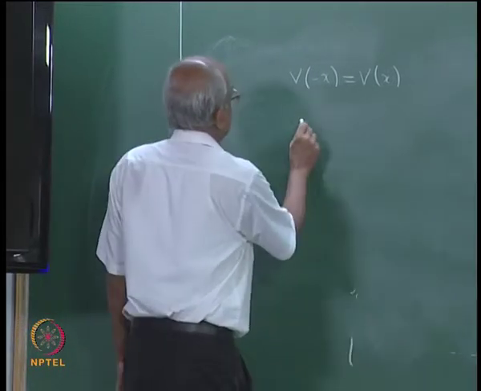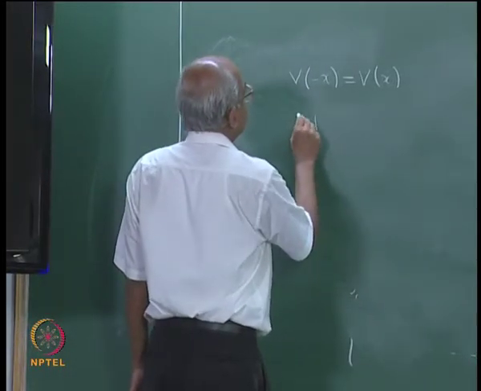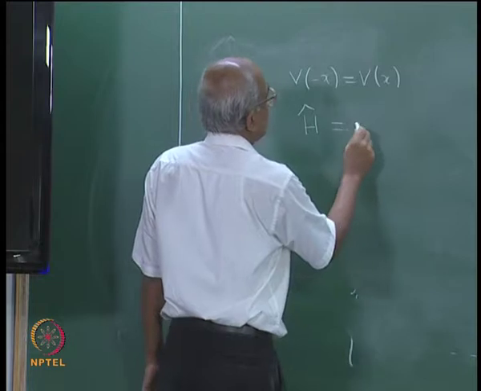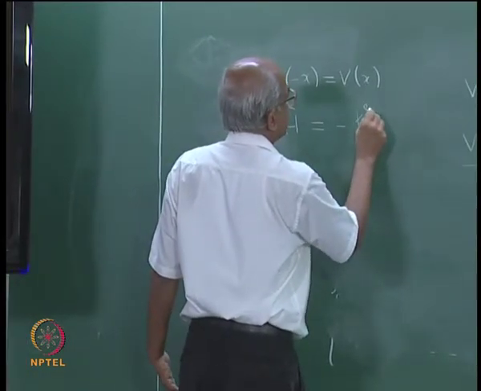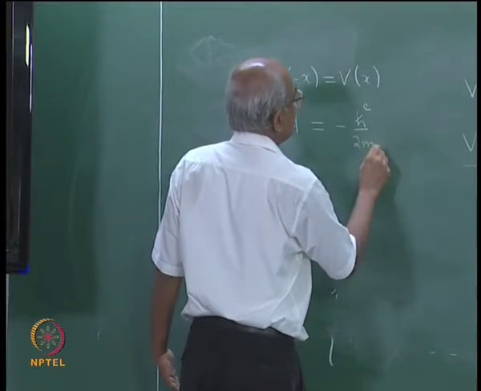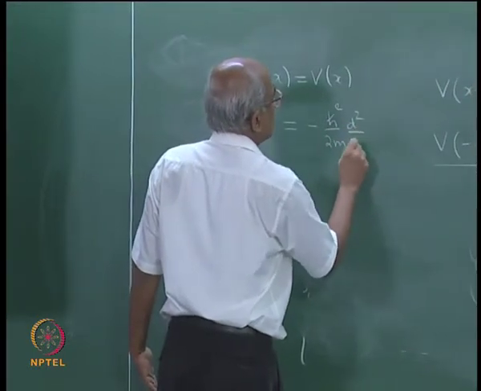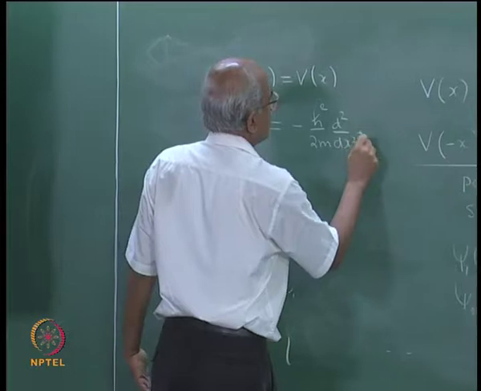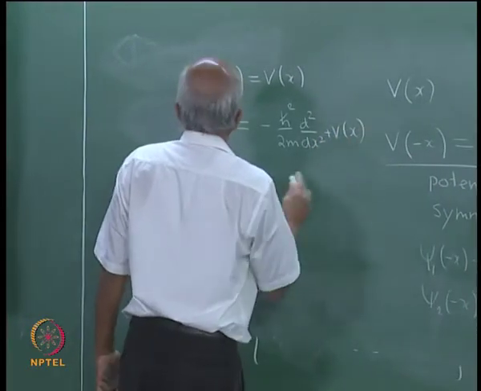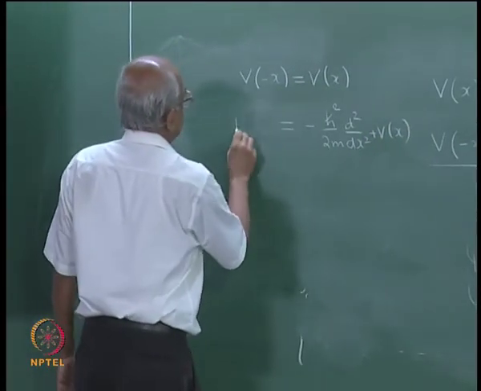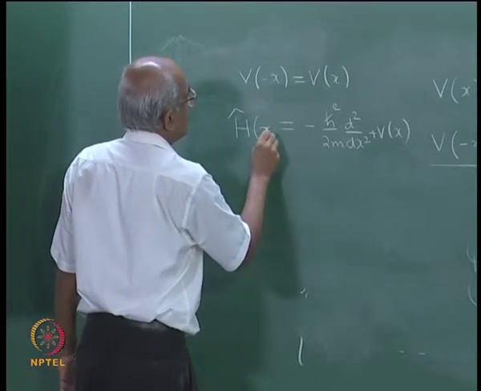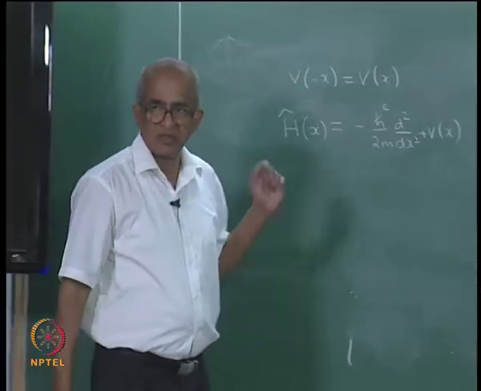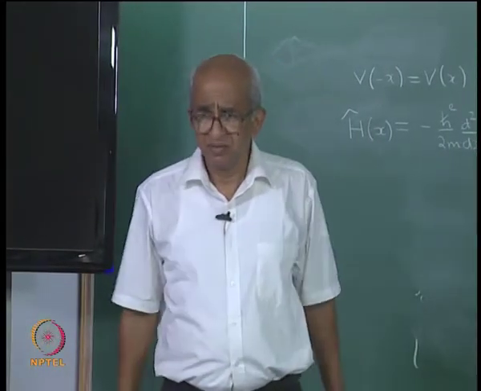So, v of minus x is actually equal to v of x, which assumes that the potential is symmetric. Now, if you think of the Hamiltonian, what is it? For a one dimensional system, the Hamiltonian is minus h cross square by 2m d square by dx square plus v of x. But of course, I am going to change x to minus x. The Hamiltonian depends upon the variable x.